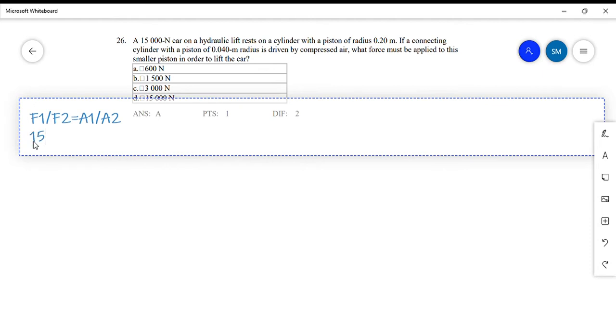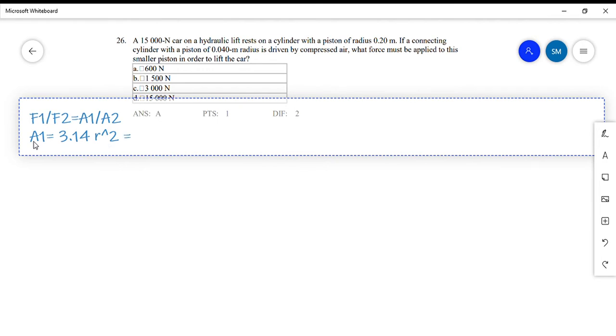F1 is 1500 over F2, which we want to know, is equal to A1 over A2. We have to calculate A1 and A2, sorry. A1 is equal to 3.14 R power 2.